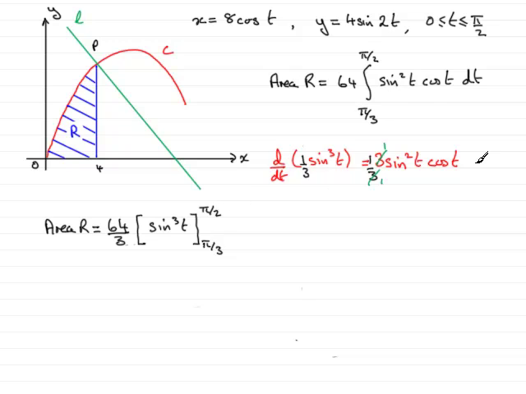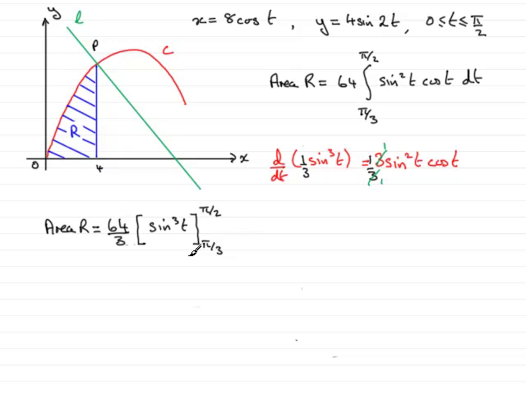Now if you couldn't see this as a way of integrating sine squared t cos t, then you could do this by substitution. The substitution that you could make is u equals sine t. You should find that you will get the answer that I'm going to come to regardless.